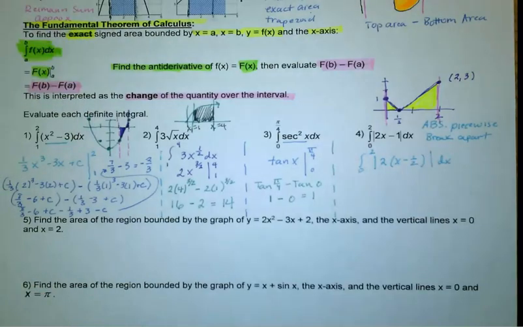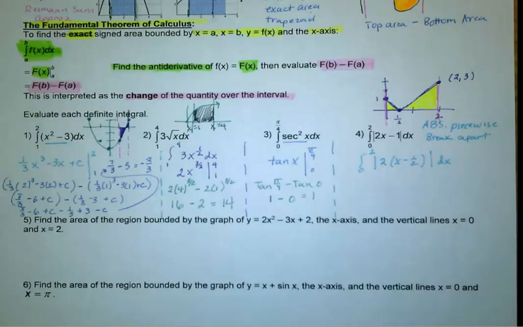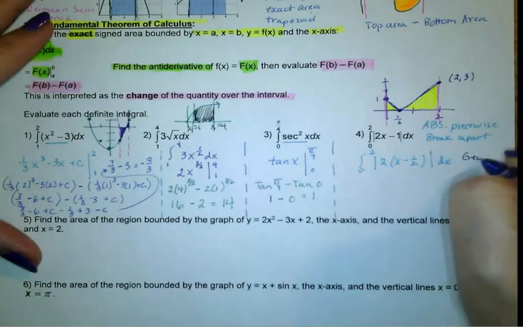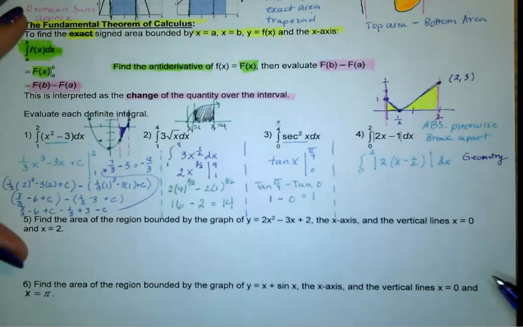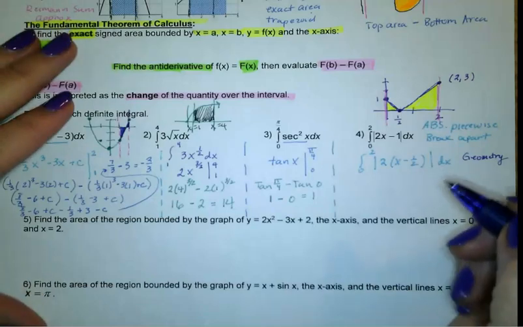So anytime you see the absolute value with an integral, we're going to break it up. So we're going to identify any transformations so we can figure out what the graph is going to look like, and evaluate at the endpoints so I can see what's going on here and here. And we're going to use geometry to do this, because at 1/2, it just split my shape up into two triangles. So we're going to write an integral statement that represents both triangles.